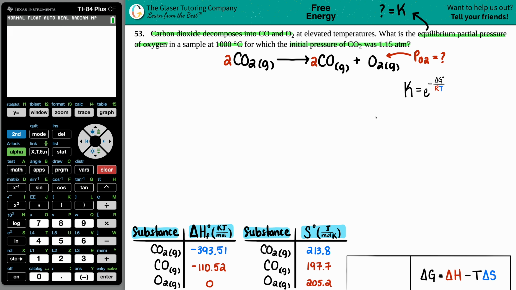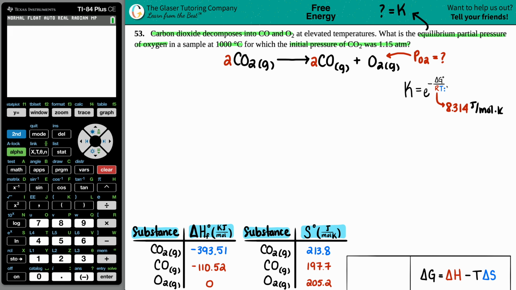Do we know any variables? Well, let's see. The R value is always going to be a constant number. Since we're talking about energies, right, delta G, Gibbs free energy, the R value is going to be 8.314. Units, if we're using the 8.314, is joules per mole times Kelvin, which means that the delta G is going to be in joules and the temperature is going to be in Kelvin. Now, they did state that we had 1000 degrees Celsius.